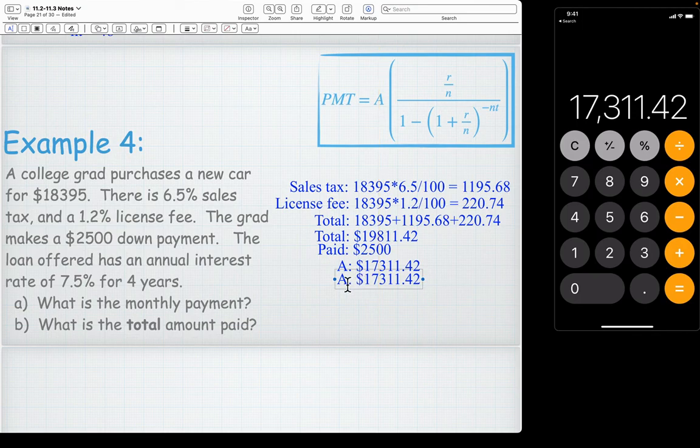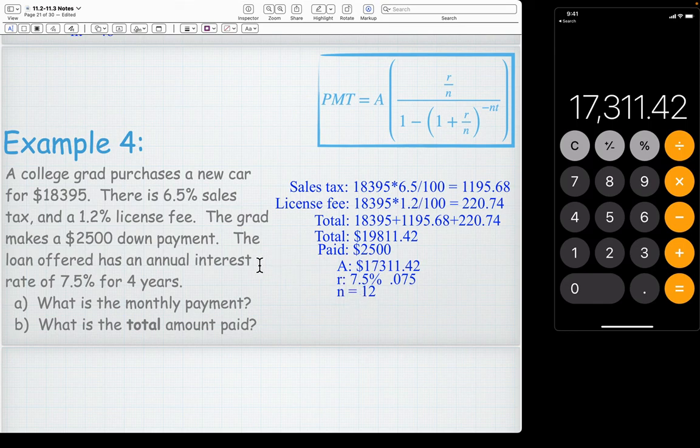The interest rate is 7.5%, which is 0.075. The number of payments per year is monthly, so that would be 12.